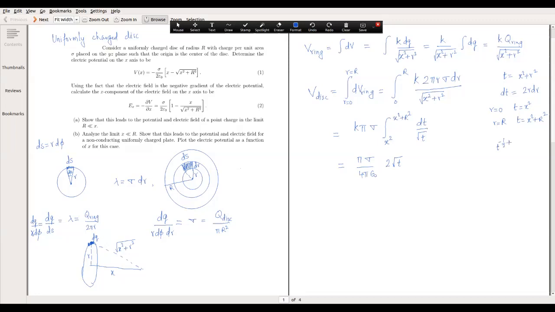Integration leads to raising the power by 1, and whatever power is got is put in the denominator also. So that's 2 times square root of t. But that has to be evaluated at x squared plus R squared and x squared, which gives us, so 2 pi and 2 pi cancel out, sigma over 2 epsilon naught times the square root of x squared plus R squared minus x.